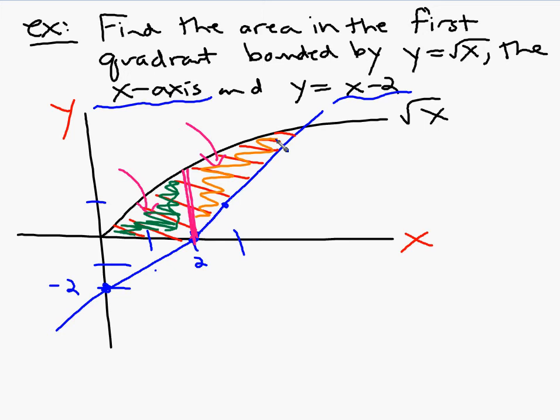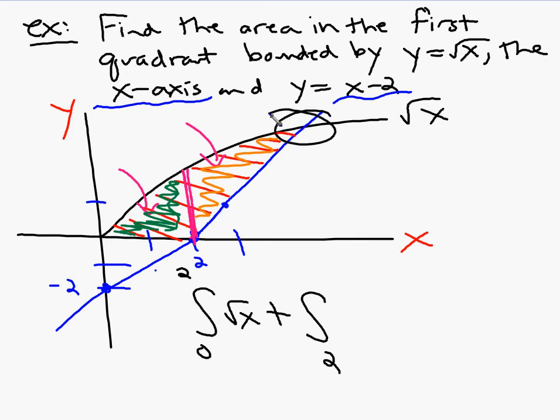So if I wanted to do this problem the way it is right now, I would have to do the integral from 0 to 2 of the square root of x, plus the integral from 2 to what? Wouldn't I have to do some algebra to find this intersection point up here?